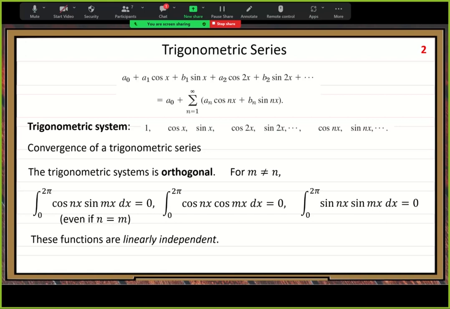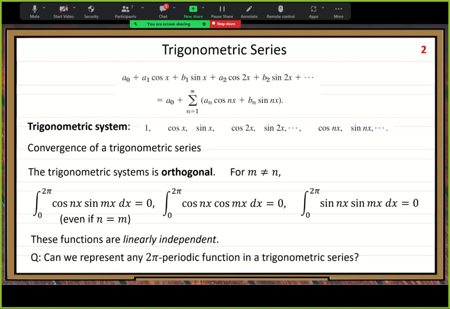Let me put a question here, then we take a break. Can we represent any 2 pi periodic function in a trigonometric series? The answer to this question is the foundation of Fourier analysis.